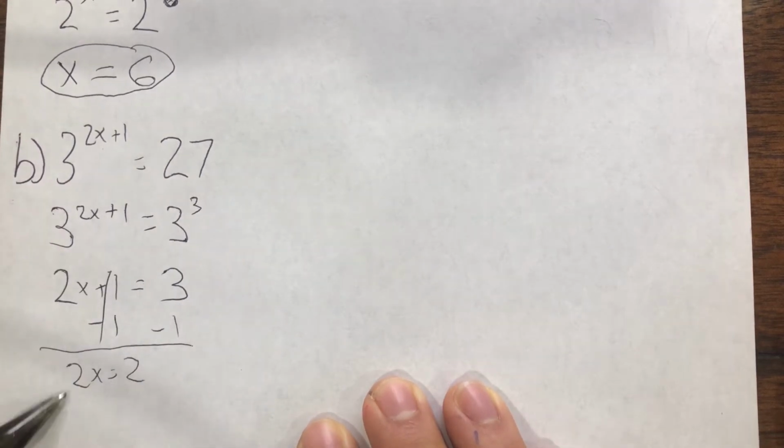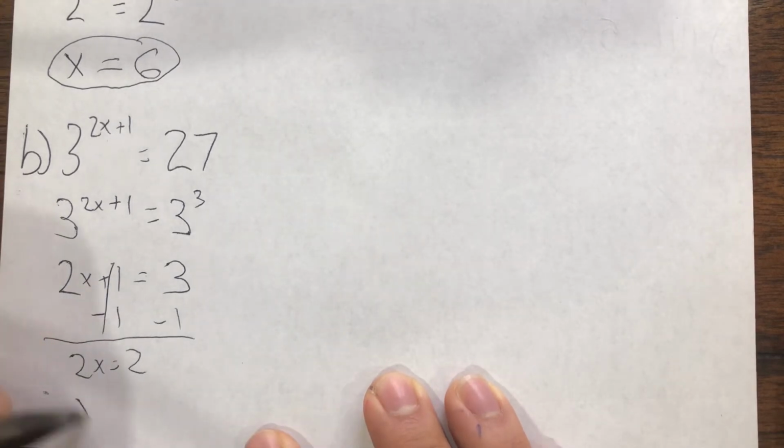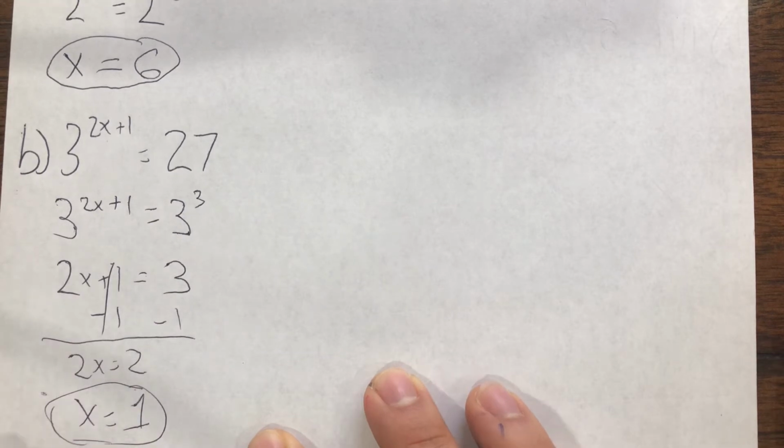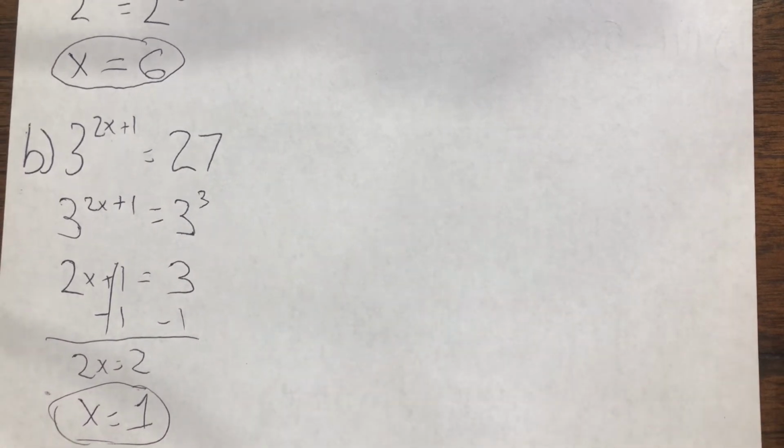And then if I divide both sides by 2, then x equals 1. So x equals 1. If I were to plug 1 into my x, 2 times 1 is 2. Add that to 1, you get 3. So you have 3 to the 3rd power, which equals 27. So we're good. Now let's take a look at part C.